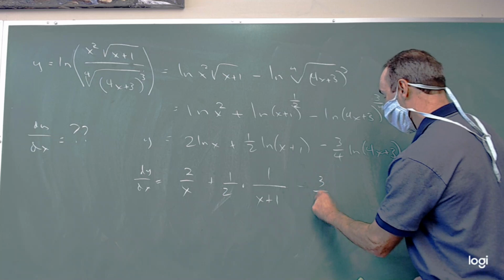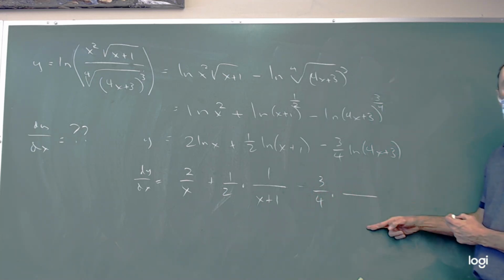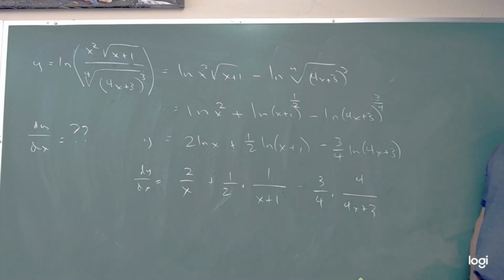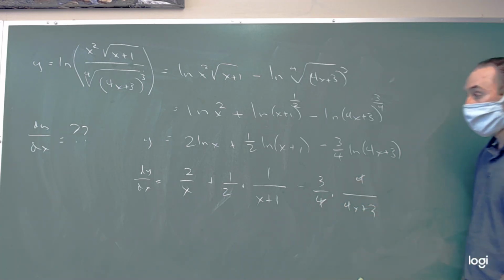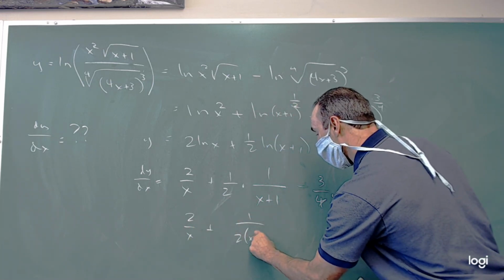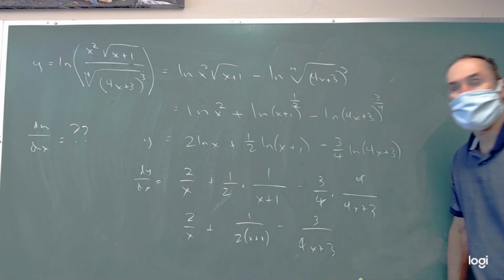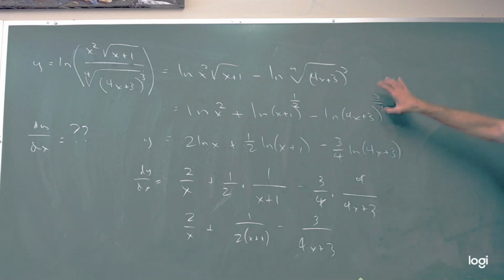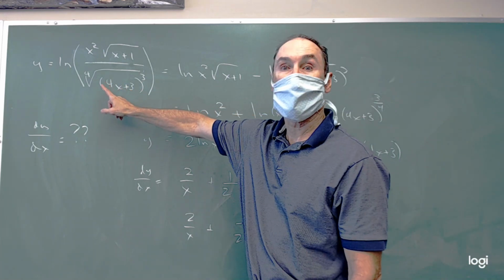Minus the constant times du over u. 3 over 4x plus 3. Okay, so 2 over x plus 1 over 2 times x plus 1 minus 3 over 4x plus 3. So the derivative is way easier if you do the algebra first. Otherwise, that is going to be a miserable do.